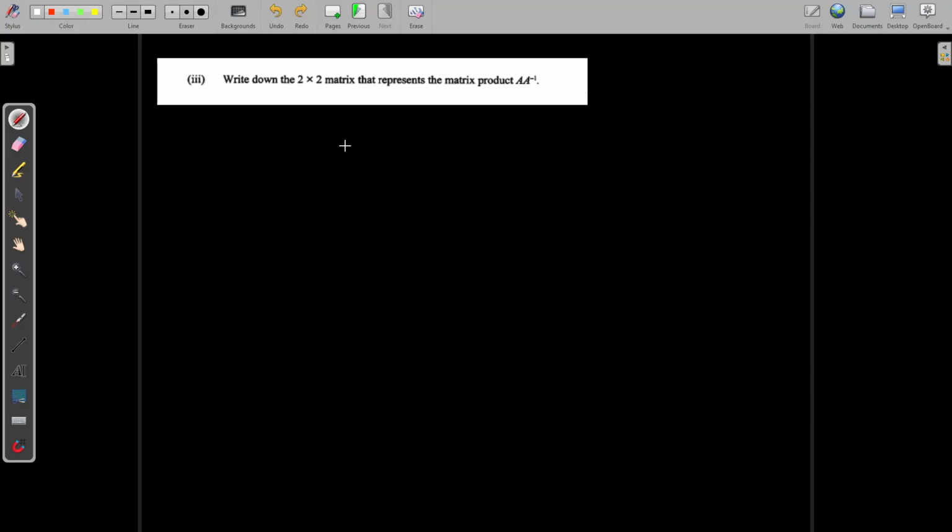Sir, is it the thing where I can't remember the name, but basically we get 1 0 0 1? Yes, so if we multiply a matrix by its inverse, we end up getting the identity matrix. And the identity matrix for a 2 by 2 is 1 0 0 1. And that's all. 1 mark.